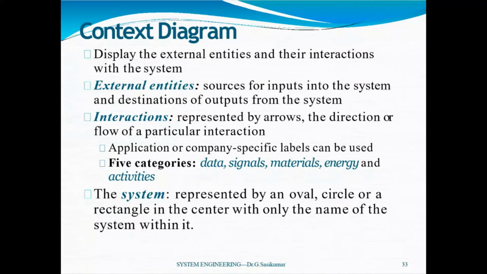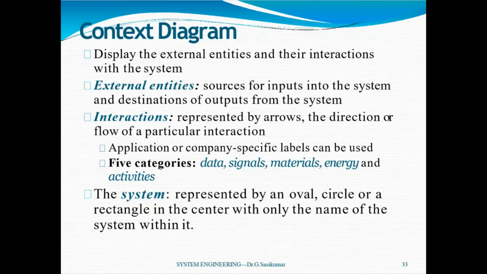Suppose I have purchased a Hyundai car, but my car still needs service support, and the service people are in touch with me. Every 3 or 6 months they will call me and verify the condition of the car. So continuous monitoring is important. These are called external entities, sources of inputs to the system and destinations of outputs from the system.